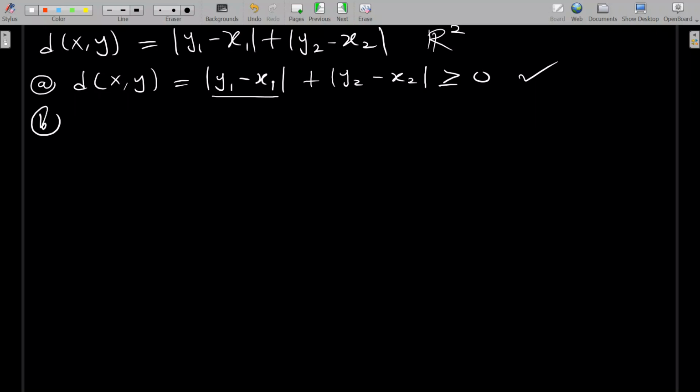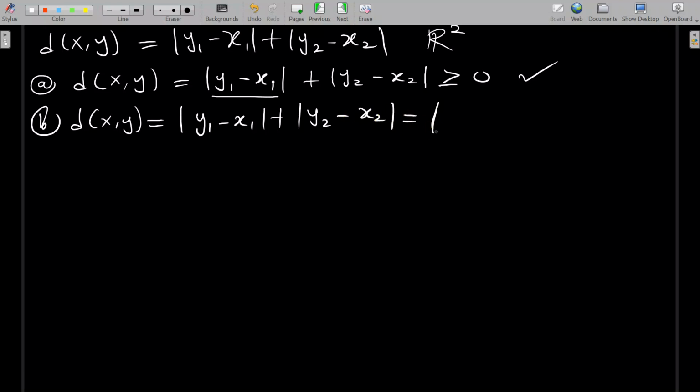Now the second part is that it should be symmetric. That one too, you can show straight away because we use the same idea as the absolute function properties. So this is equal to absolute of negative one times x1 minus y1, like we did for the first one, plus absolute of negative one times x2 minus y2.